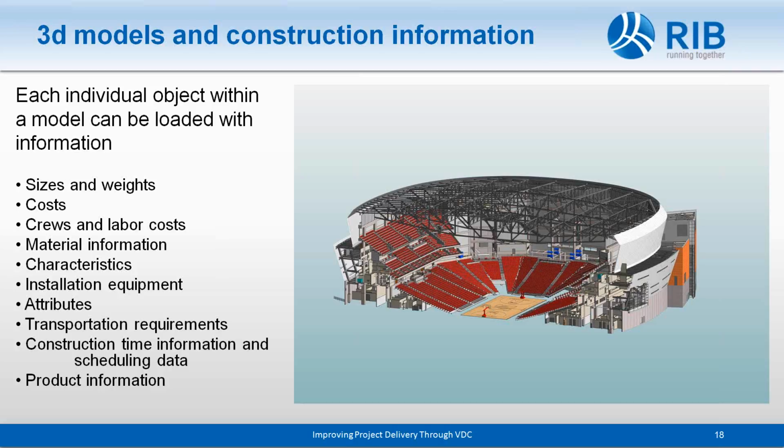Okay, you know, the equipment needed to install that particular item, material information and cost, the crews needed to install it, the labor and rates, wages, the sizes, the weights of that construction item, any transportation requirements that are needed for it, all kinds of stuff.